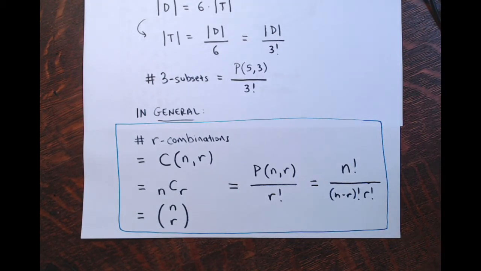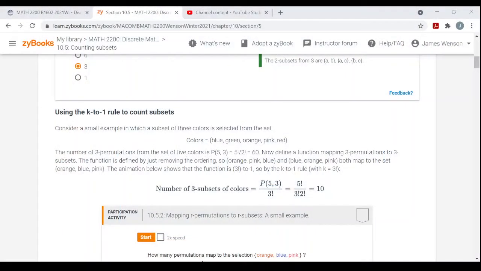So, getting back to the assignment here. They say that the number of 3 subsets would be the number of 3 permutations divided by 3 factorial. So that's 60 divided by 6, 10.